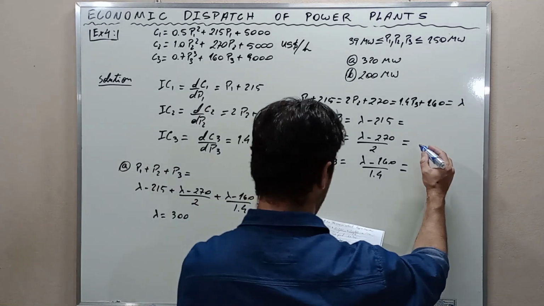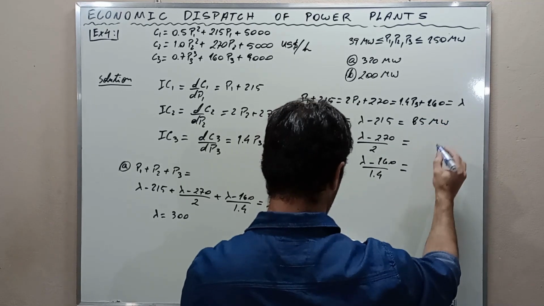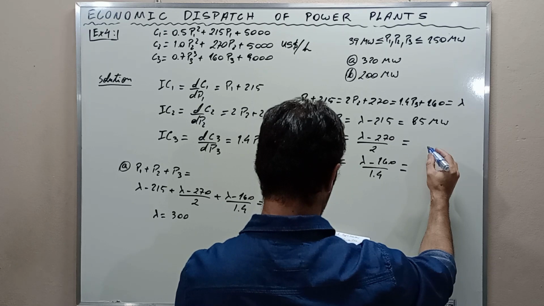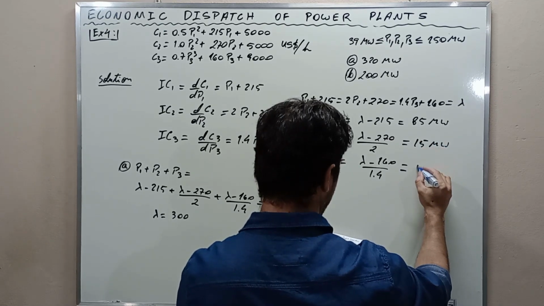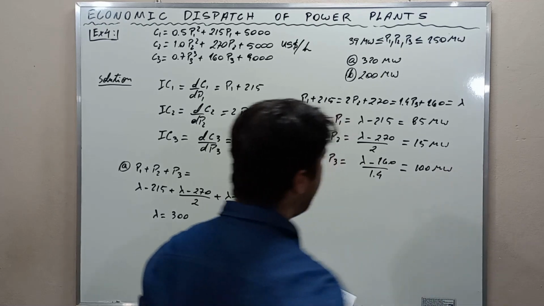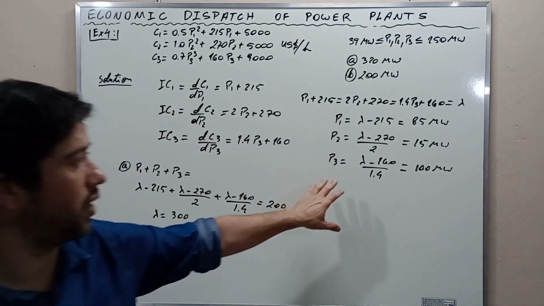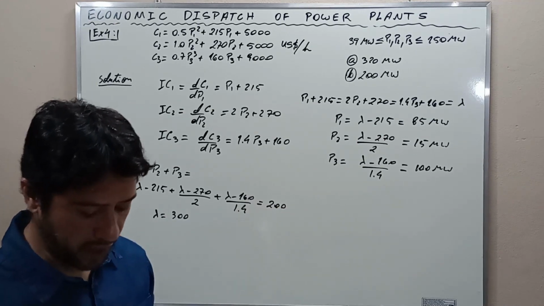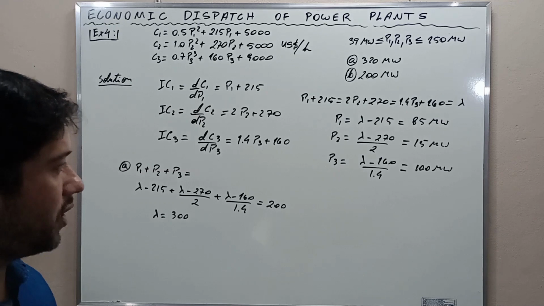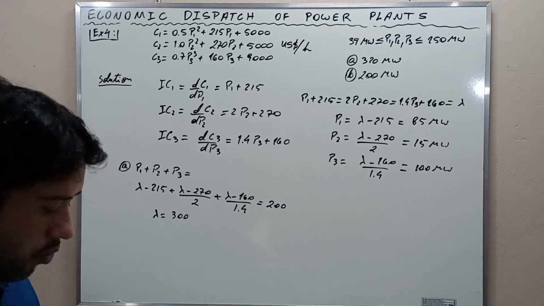We find P1 equal to 85 megawatts, P2 15 megawatts, and P3 100 megawatts. Okay? This is the exact solution of this equation here, but there is a mistake there. It is wrong, it is not right.